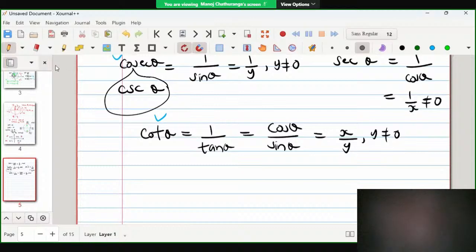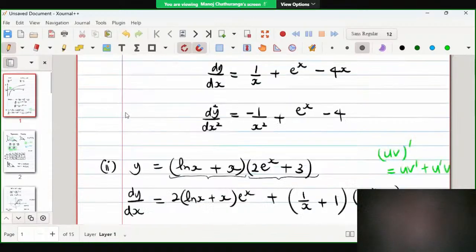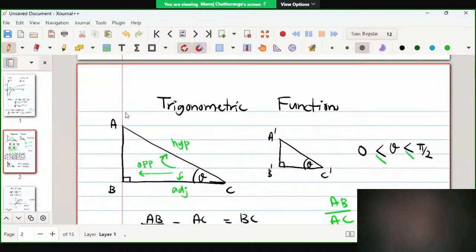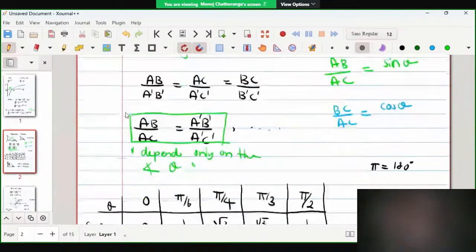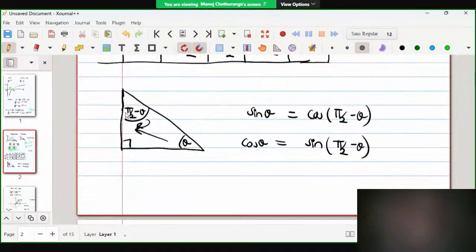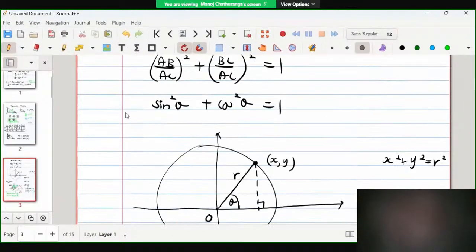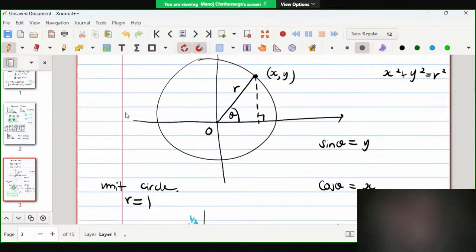What we did was we started from the right triangle definition of trig functions. Then I extended it using a circle.